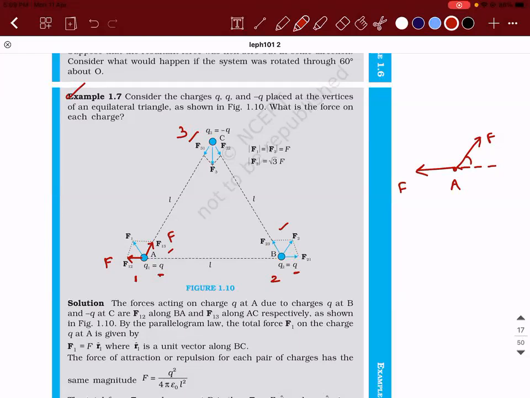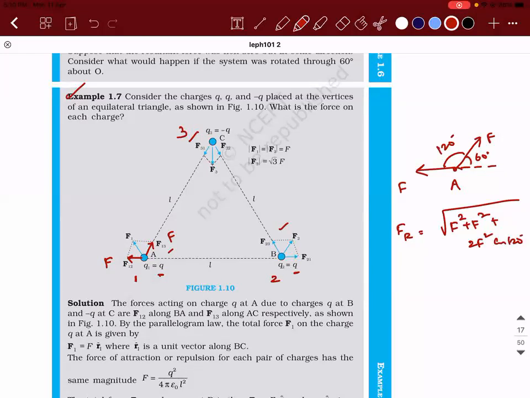That is 60. Then this angle is going to be 120. So what is going to be the resultant? FR will be equal to root of F square plus F square plus 2F square cos 120, because you need to include the angle between both the forces.